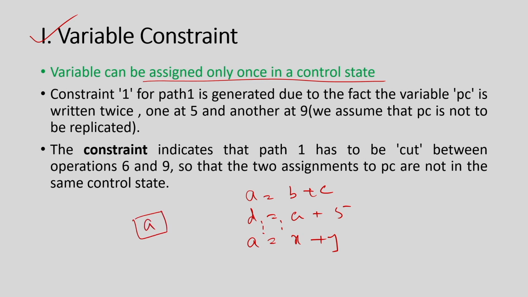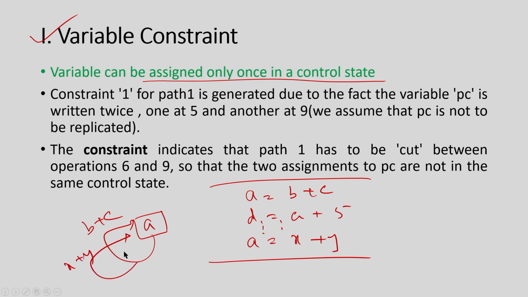Now if you assume that I am going to schedule everything in one clock, what is going to happen? You first try to update this register with B plus C, then you try to update it with x plus y in the same timestamp, which is not allowed, because the update of the register happens at the next clock. And if you try to update twice, it will create a problem, because it creates a race condition.